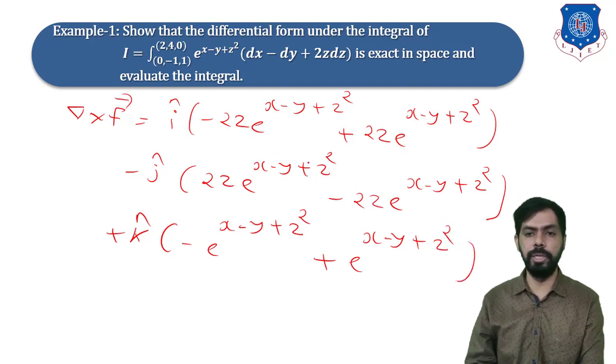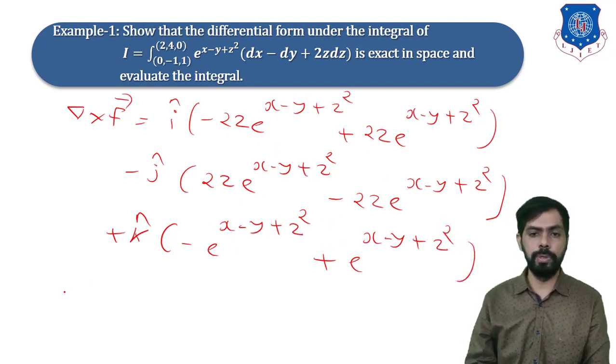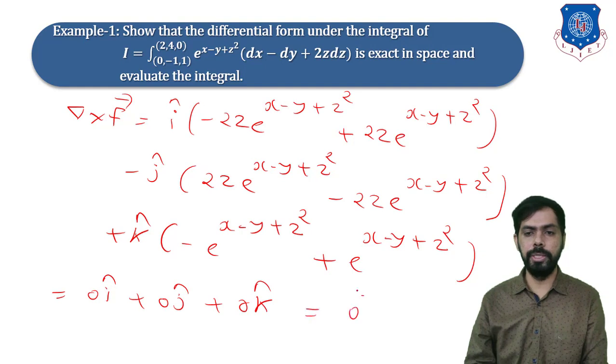So these terms will cancel out. Okay, so this will be 0i plus 0j plus 0k. So we can say that it will be a 0 vector.